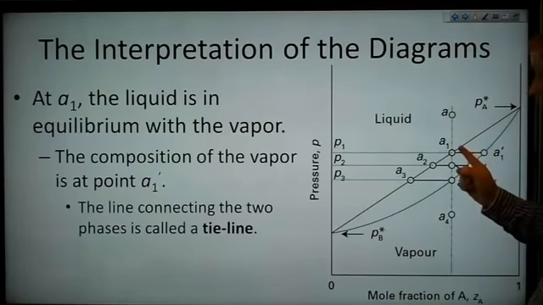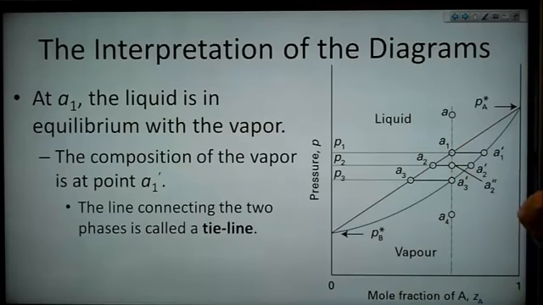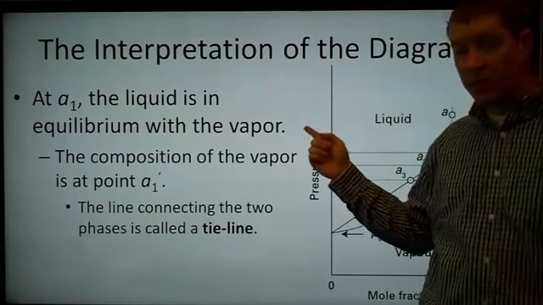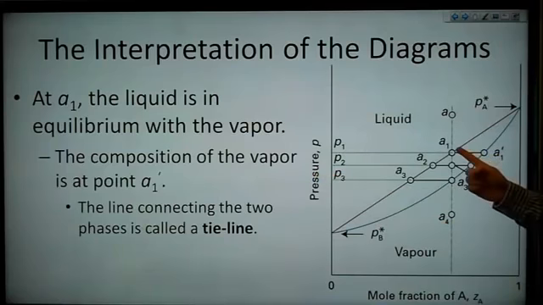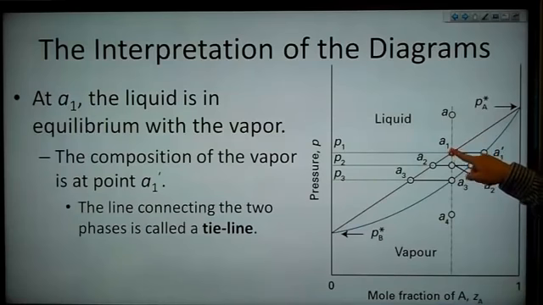So at point A1, the liquid is in equilibrium with the vapor. And this means the composition of the vapor is now at point A1 prime. So the composition of the liquid is here. And once we start to vaporize some of our liquid, that vapor is at this other composition.